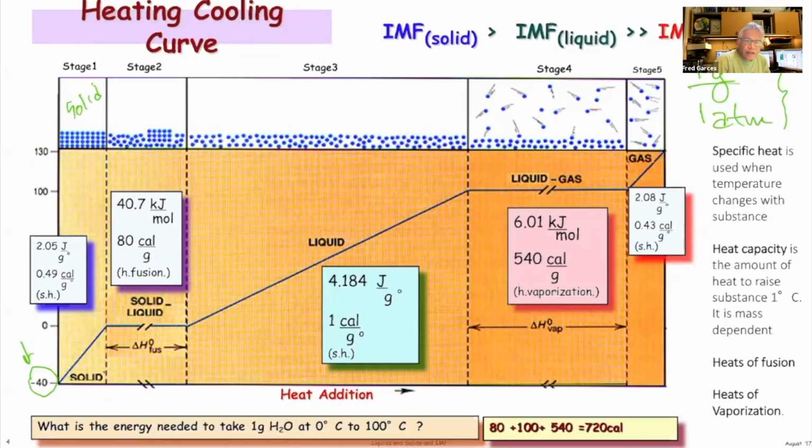Now, the phase of water does not change when you put in energy. As you put in energy, what happens is that the molecules of water start to vibrate. In fact, the molecules of water vibrate at any temperature above 0 Kelvin.